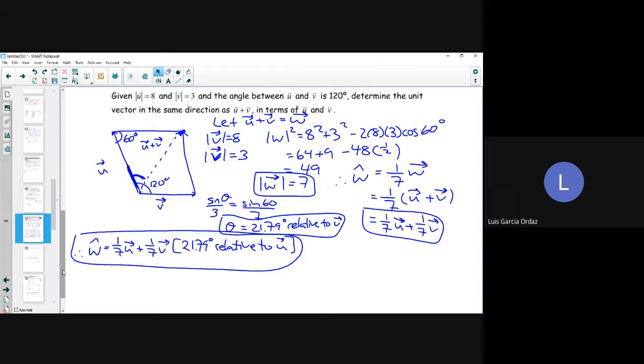Again, all we're doing here is using cosine law and sine law to help us figure out our solution.